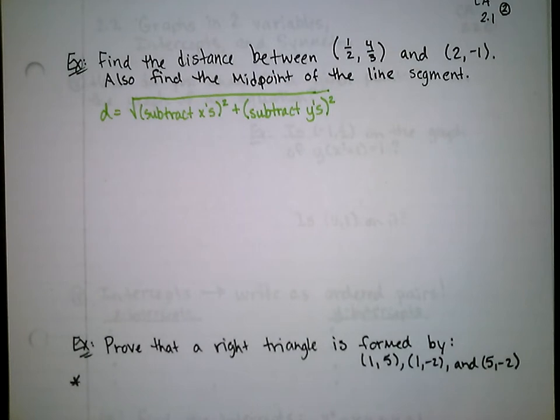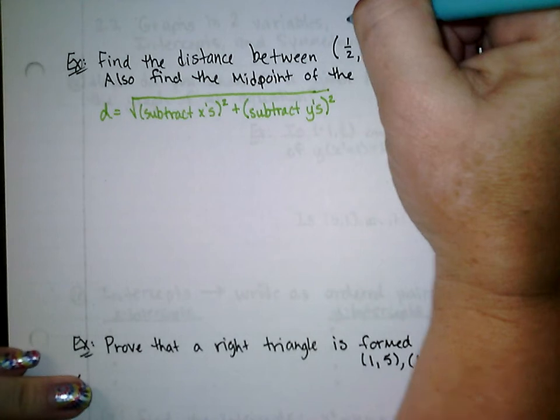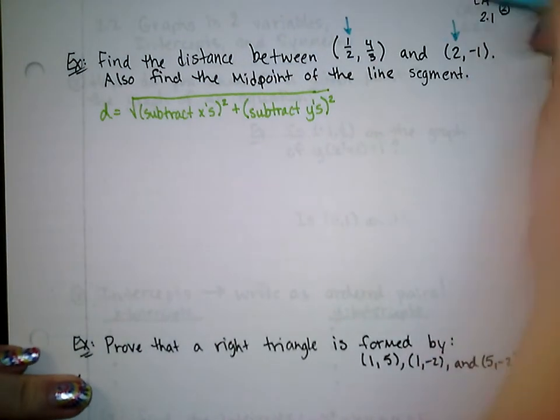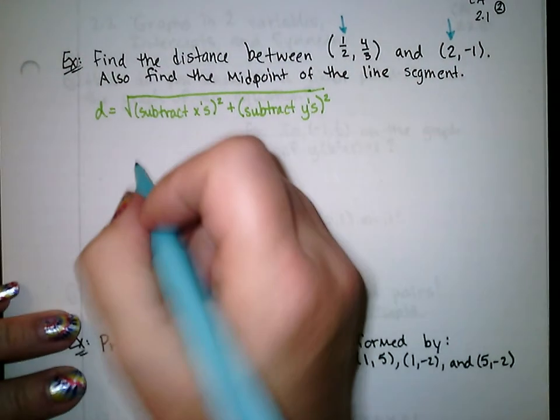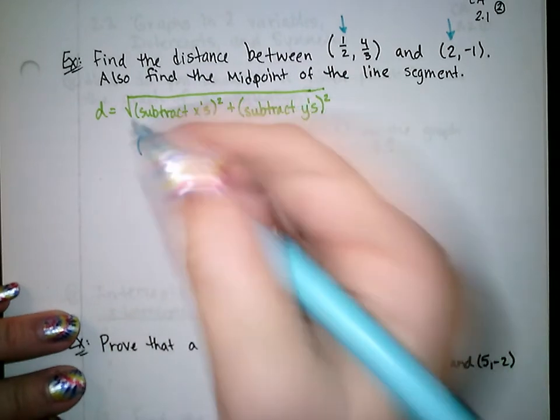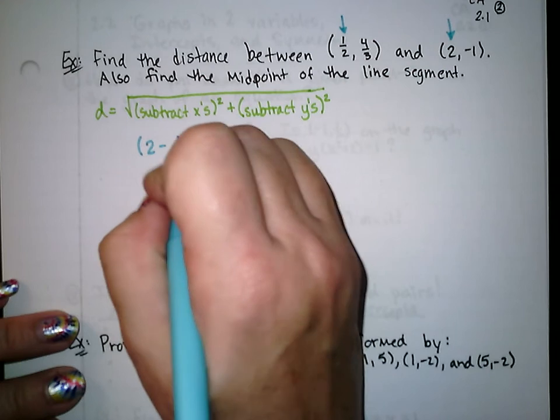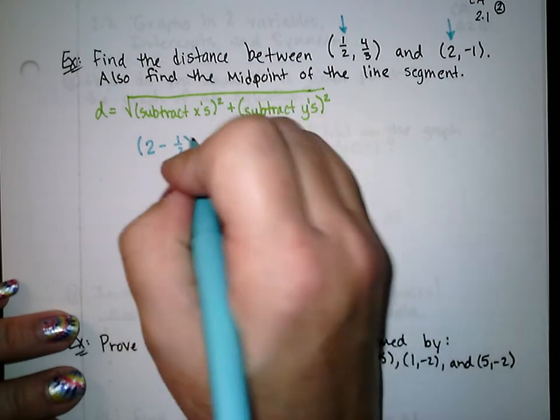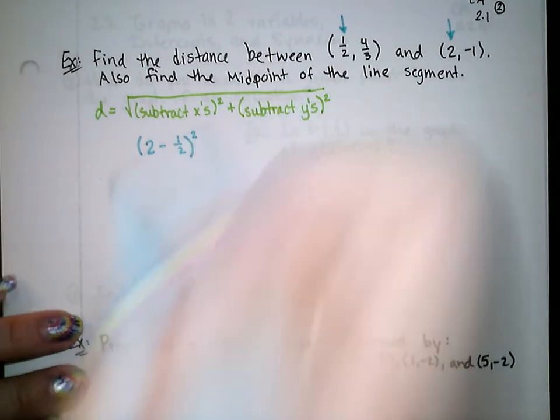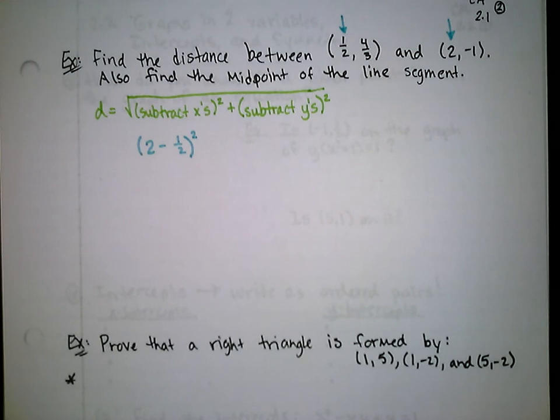So subtracting the x's. Here are my x's, 1/2 and 2. I can either do 1/2 minus 2 or I can do 2 minus 1/2. It does not matter when we're working with the distance formula and the midpoint formula. The time that it's going to matter is when we are finding slope.